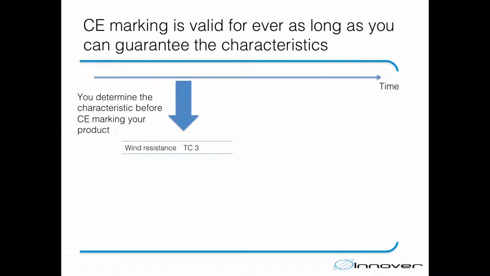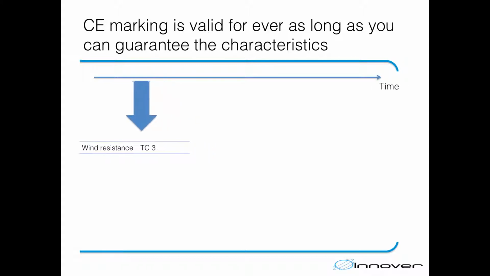So first we would just determine the characteristic before we CE mark our product in a type testing. So in this case, if we were manufacturing a shutter, we would just determine by test that our product's wind resistance is technical class 3. And then we would just set up the factory production control system and CE mark our product.